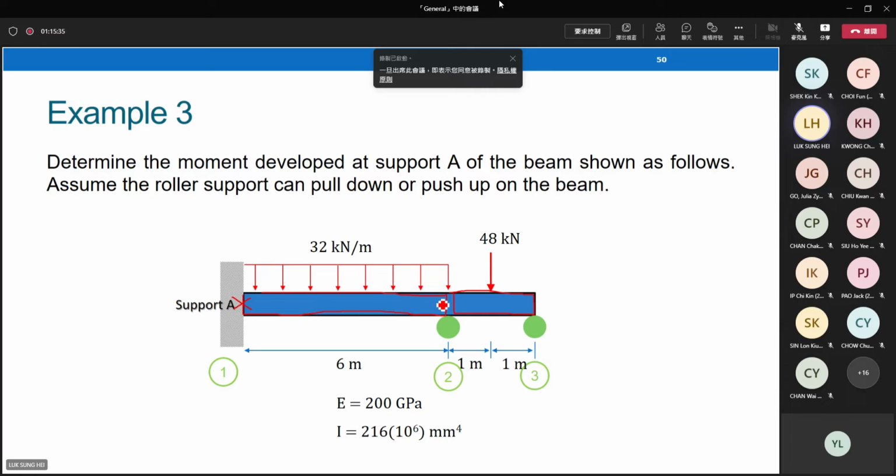If you divide these structures into 2 elements, 3 nodes, then you can see that the UDL is intermediate loading, right, in between 2 nodes. The 48 kilonewton concentrated force is also applied in between 2 nodes. So this time both applied loadings are classified as intermediate loading.